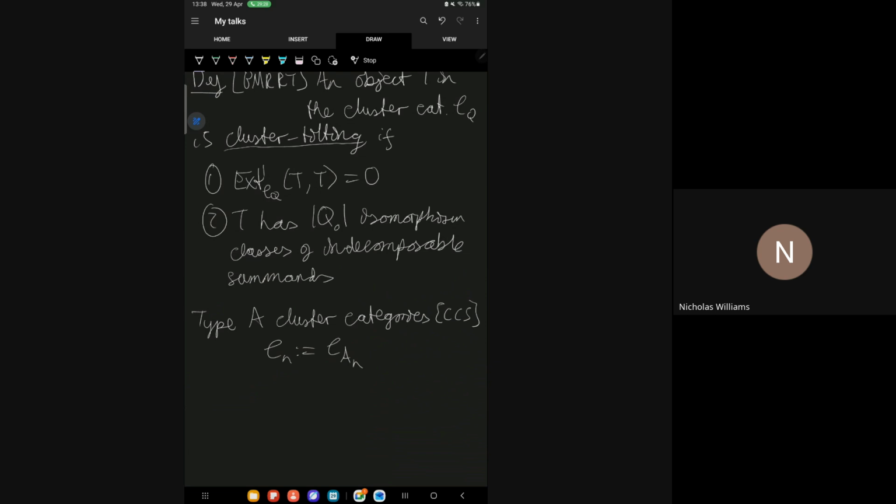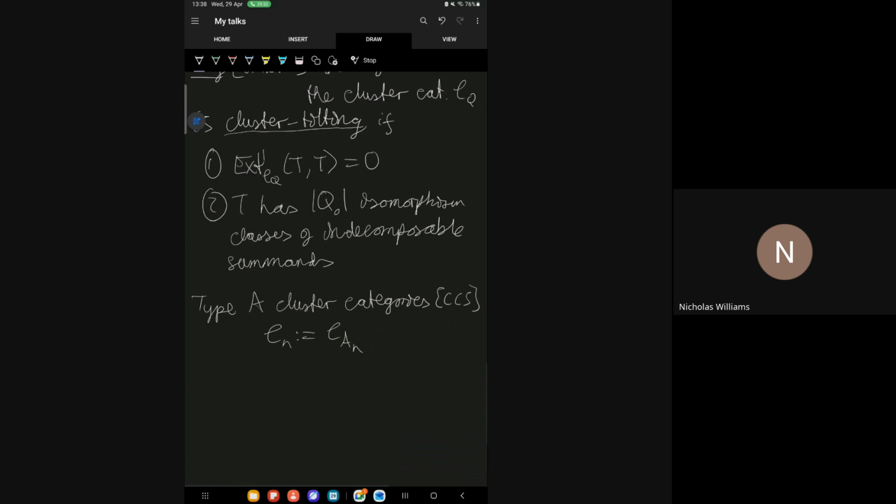And the objects in the cluster category admit the following combinatorial description. So I'm going to label the vertices of a convex n+3 gon anti-clockwise.